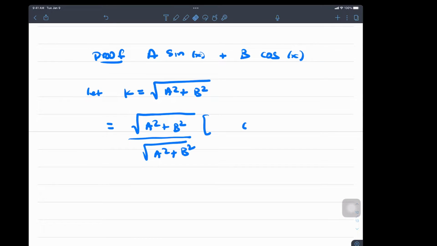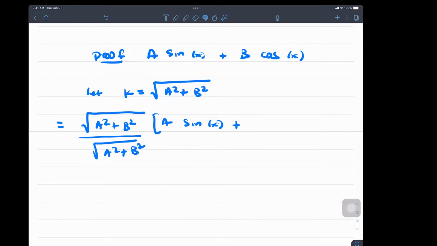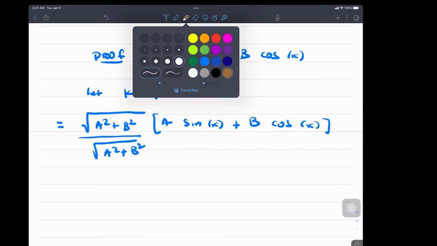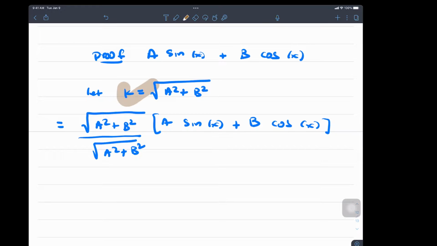So this is going to be the square root of A squared plus B squared over the square root of A squared plus B squared, times A sine x plus B cosine x. Because if we let this portion be K, this is K over K, which is 1.